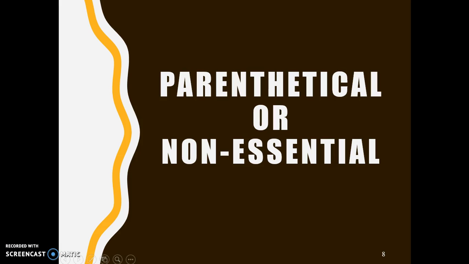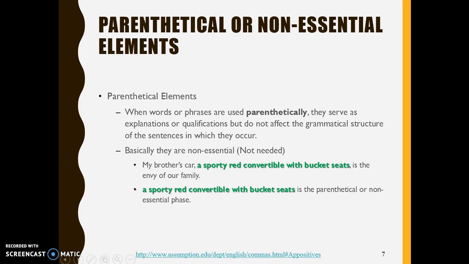Next, we're looking at parenthetical, non-essential elements in Chapter 5. When we look at the parenthetical or non-essential, we're looking at words or phrases that are used parenthetically. It means they serve as an explanation or a qualification, but they do not affect the grammatical structure of the sentence.